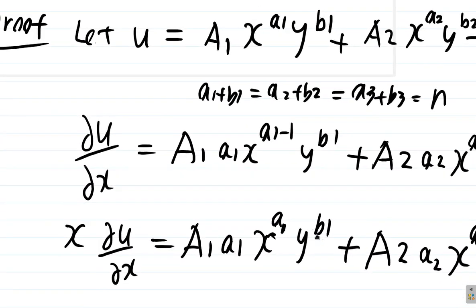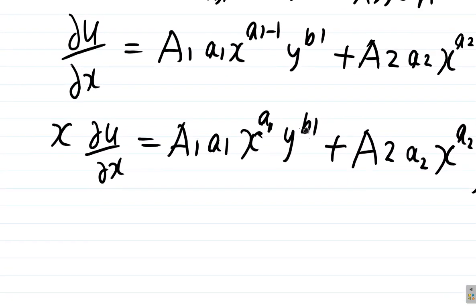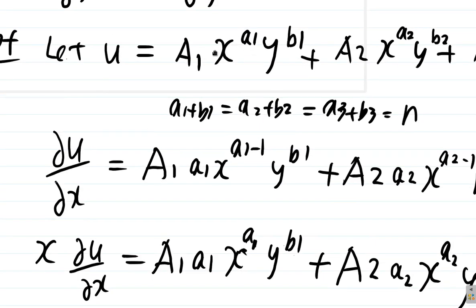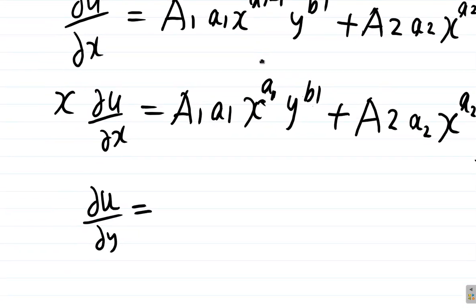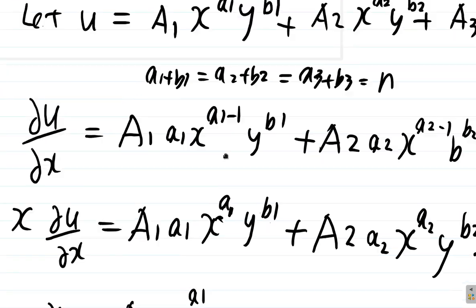Alright, what is delta u by delta y? We have delta u by delta y is equal to, we have our a1 x to the a1, so it's capital A1 x to the common a1. What will happen to the y part?